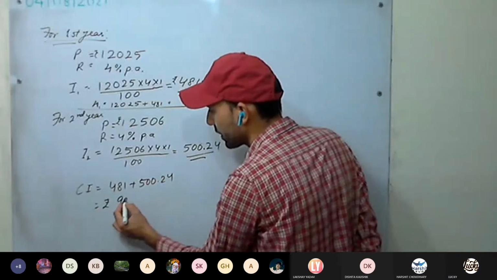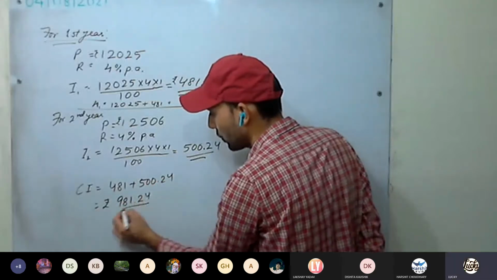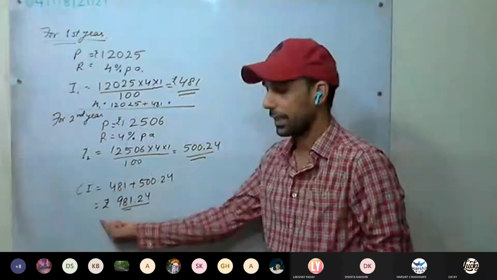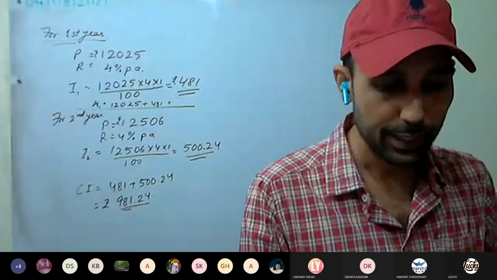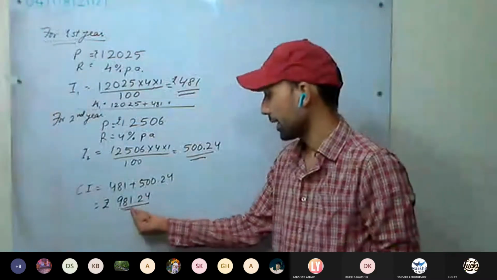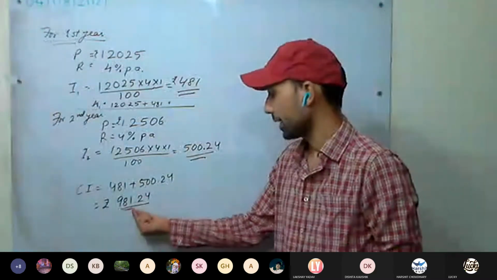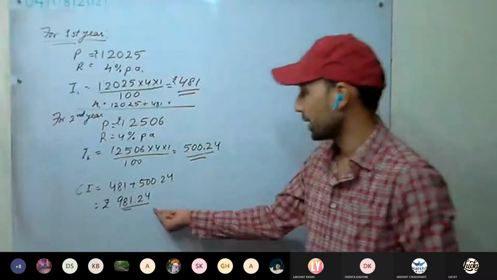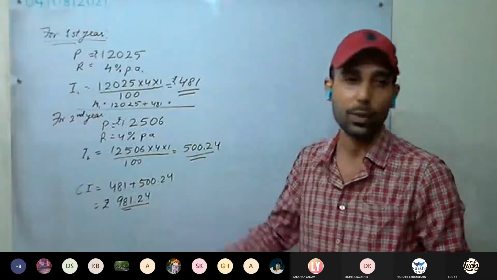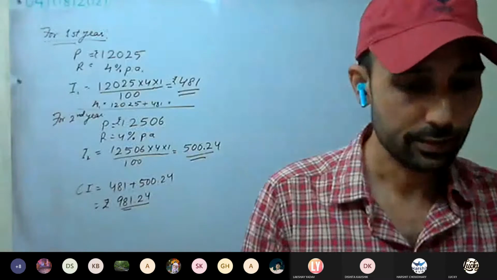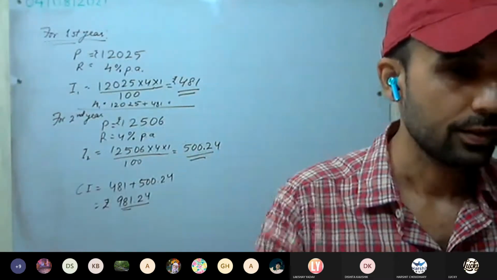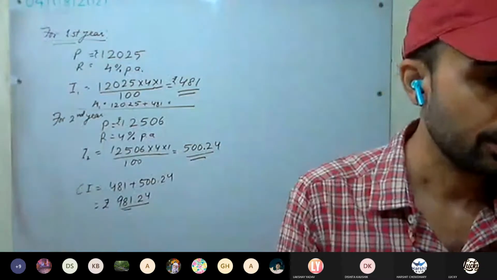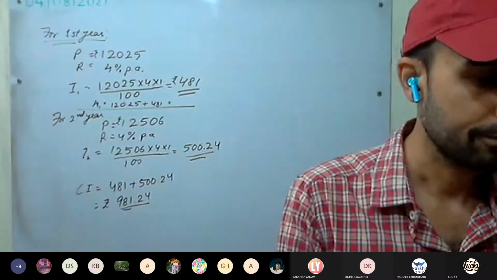It is rupees 981.24. So at last you will write: Rakesh repaid rupees 981.24 as interest, or Rakesh paid as interest equal to rupees 981.24. Is this clear? Okay.